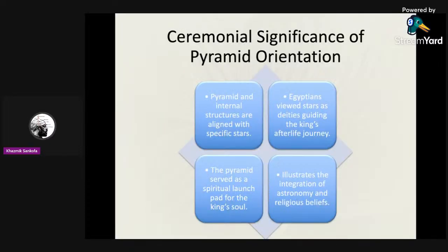The pyramid and the internal structures are aligned with specific stars. The Egyptians viewed the stars as deities guiding the king's afterlife journey. The pyramid served as a spiritual launching pad for the soul, and it illustrates the integration of astronomy, astrology, and religious spiritual beliefs.